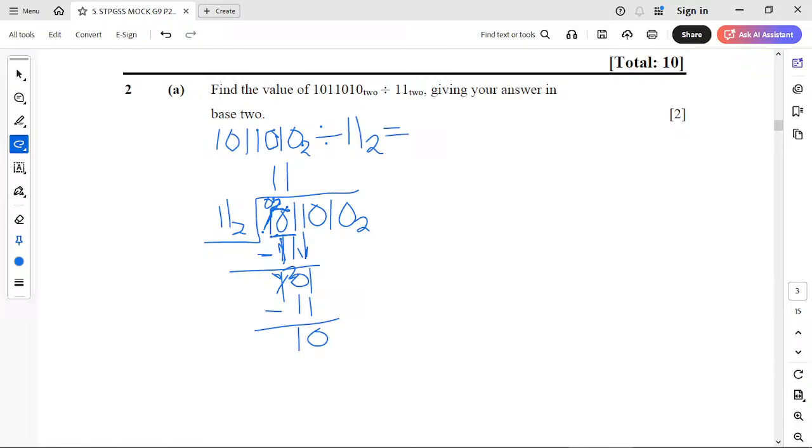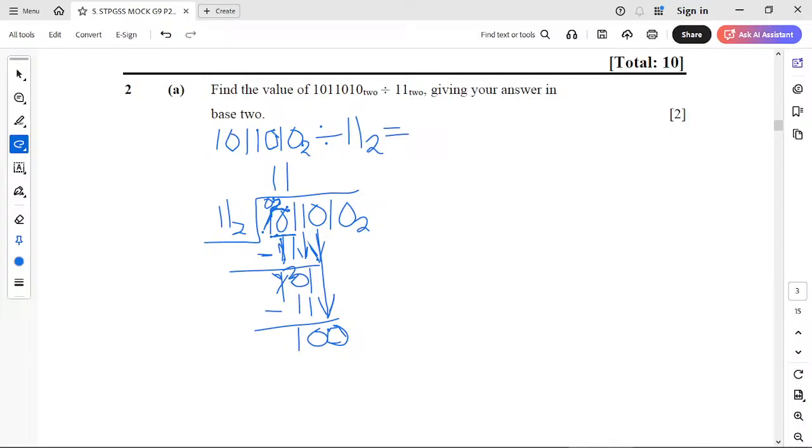Now we say 1 1 into 1 0, it can't. So what do we do? We drop this 0. Sorry, not there. We drop this 0 up to here. Okay, then we have 0 here. So what do we do now?